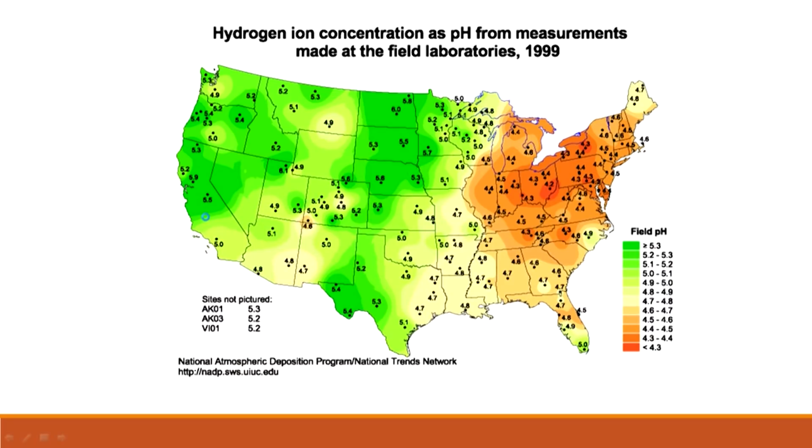And again, this is a good graphic, though not from India, because we do not have such data here. Hydrogen ion concentration as pH from measurements made at field laboratories in 2000. So, what do we see? East coast, relatively more industrial areas, and also here I believe you have industrial areas, maybe the wind blowing it across too was the reason.